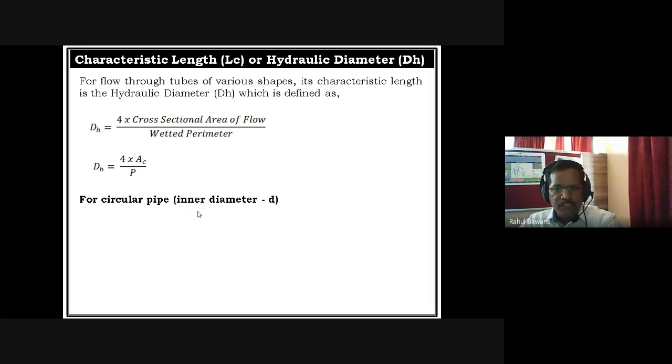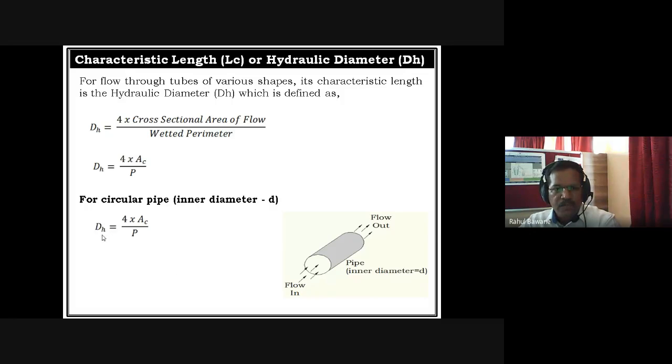Now suppose the first case, a circular pipe with an inner diameter D. Forced flow is passing through this pipe, and it touches the inner surface throughout. So what is the wetted perimeter? The wetted perimeter will be pi D, correct?